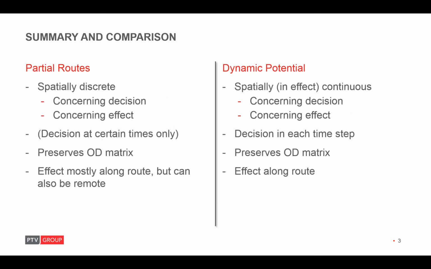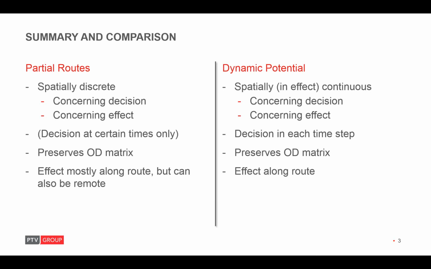Partial routes are spatially discrete, both concerning decision and also concerning the effect. So the partial route decision is on an area which has a discrete boundary, and it's sending pedestrians to areas with discrete boundaries, while the dynamic potential is continuous, both in effect as well as in decision. The decision at partial routes on where to walk is done at certain times only.